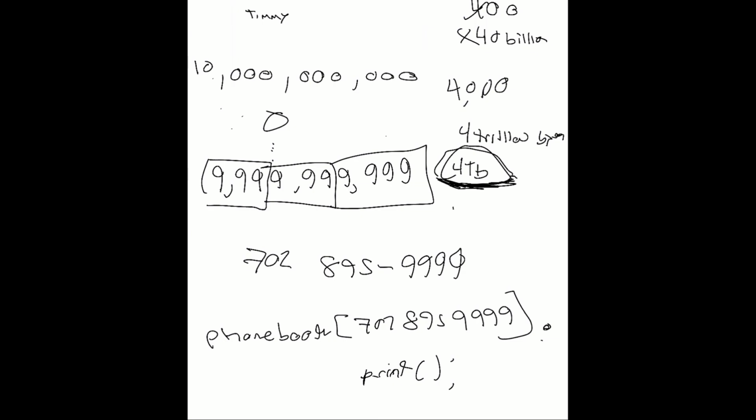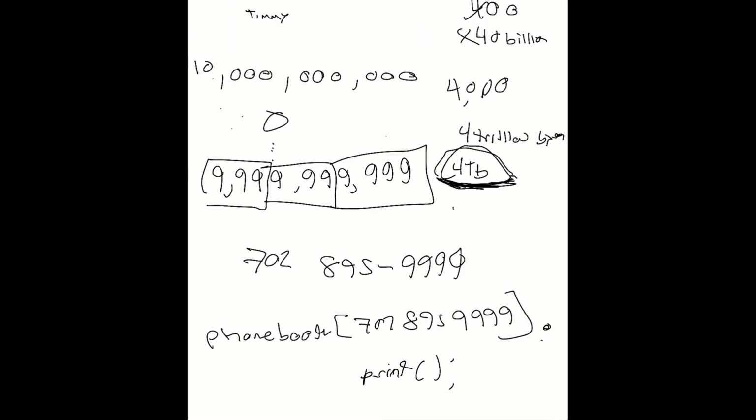And so using this method, we can basically have a phone book of every single person in the US, because I'm guessing this was US area codes, and we can access that in constant time, very, very fast. There is no searching involved, because the phone number itself is the way to access it.